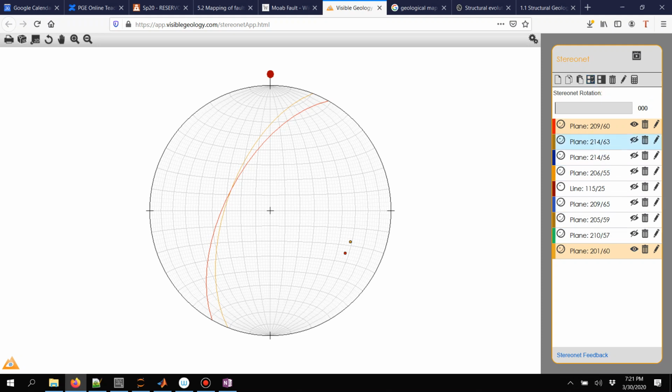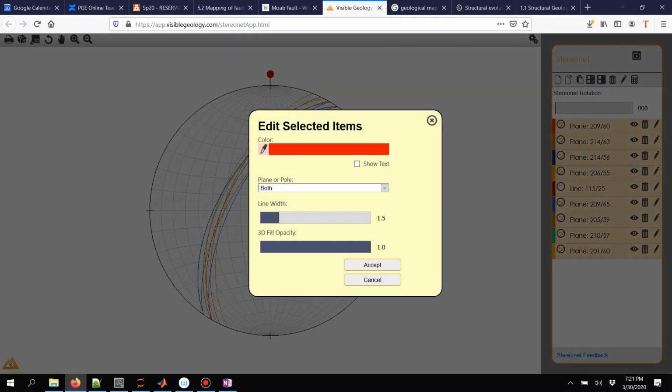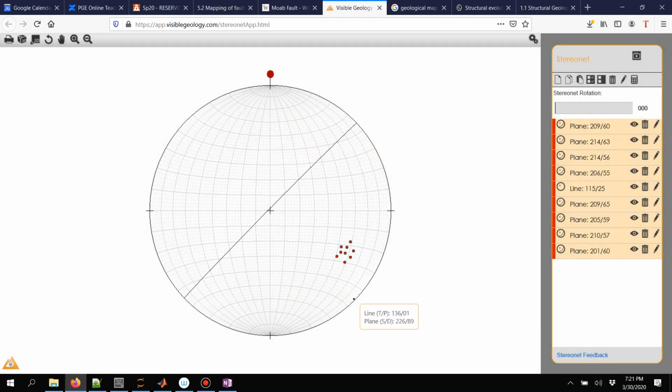Let me turn them off. Let me select those. And what I want to do is I just want to look at the pole, and here I just see those dots.